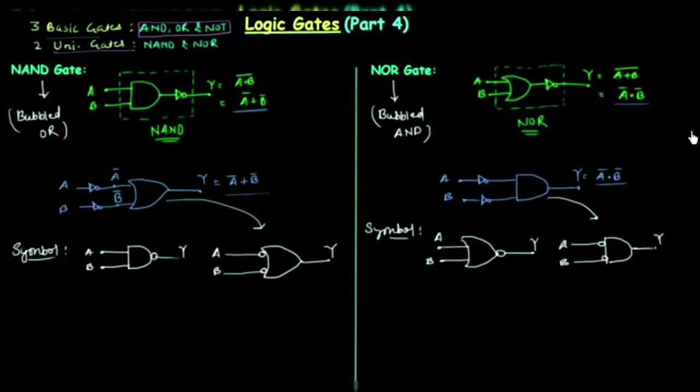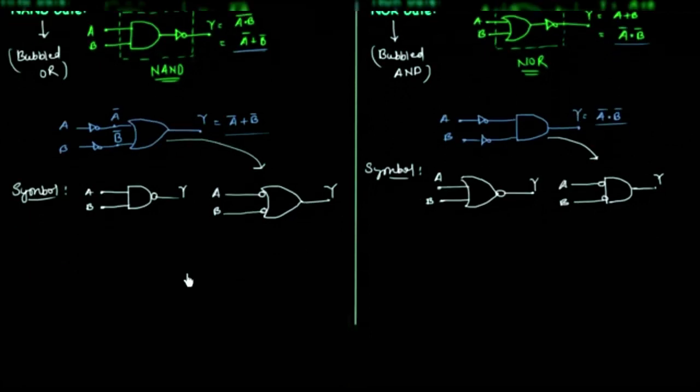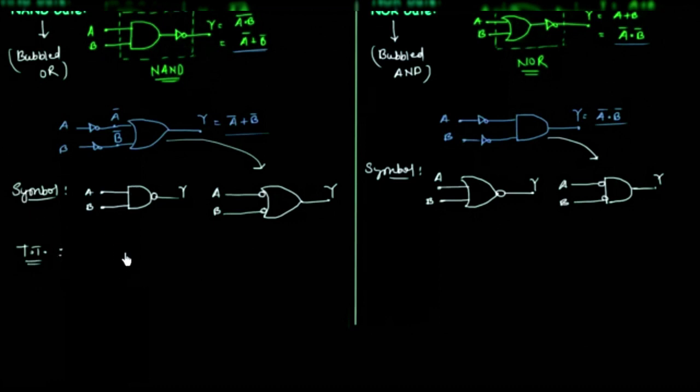Now we will move to truth table. First we will make truth table for NAND gate. I will take two input NAND gate, a, b are the two inputs, and y is the output. In truth table for NAND gate, you only have to complement the output of AND gate.